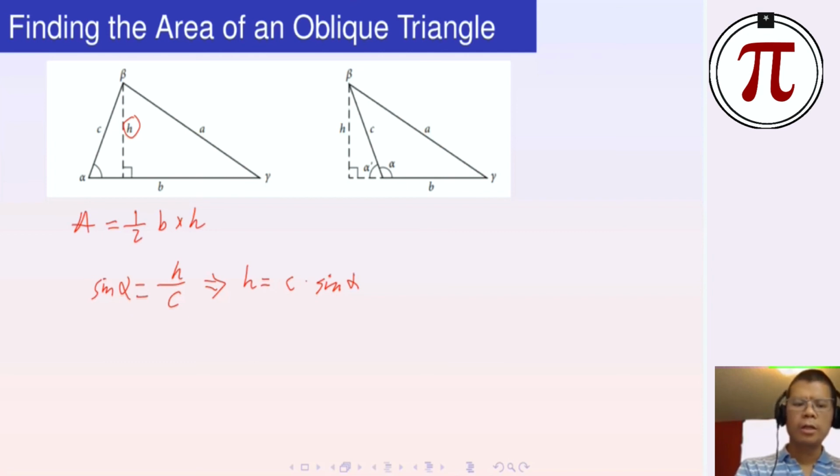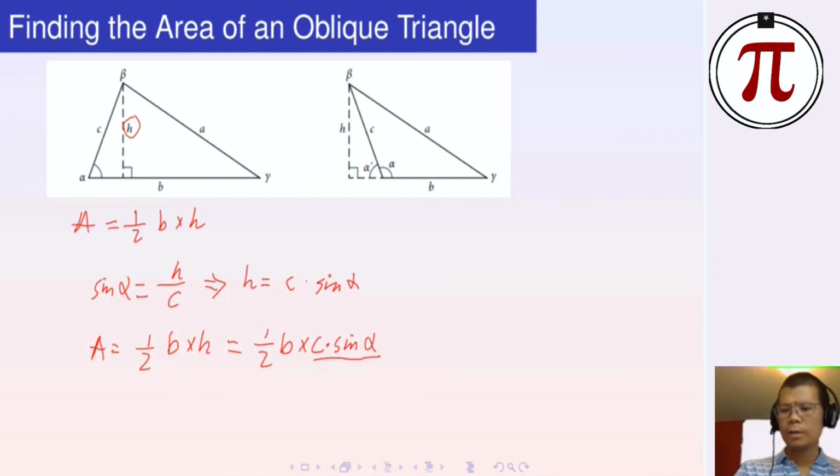Then area equals 1/2 b times h, by substitution 1/2 b times c times sine alpha, because c times sine alpha is h, right? So it equals 1/2 bc sine alpha, correct?